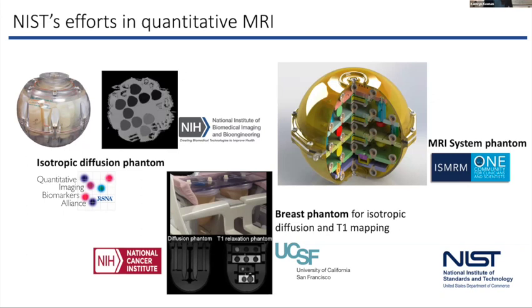Other changes over the last 15 years: NIST is a National Metrology Institute, and we're not the only one working in this area anymore. So it's exciting because there's a real community building up to do this work.